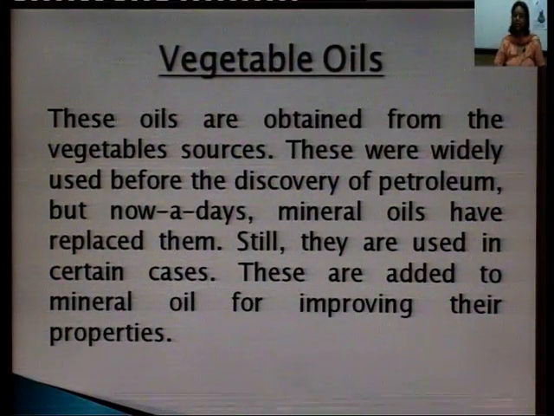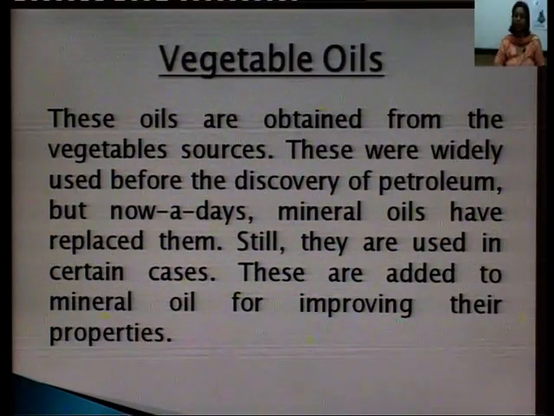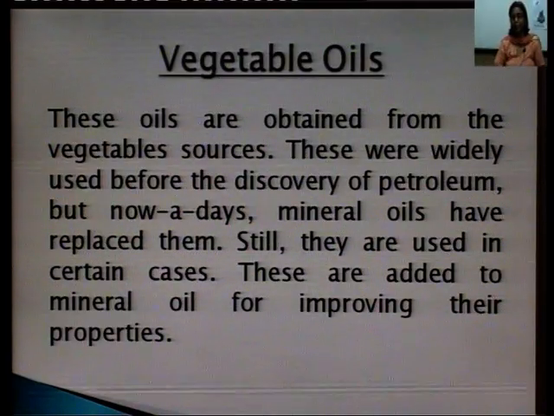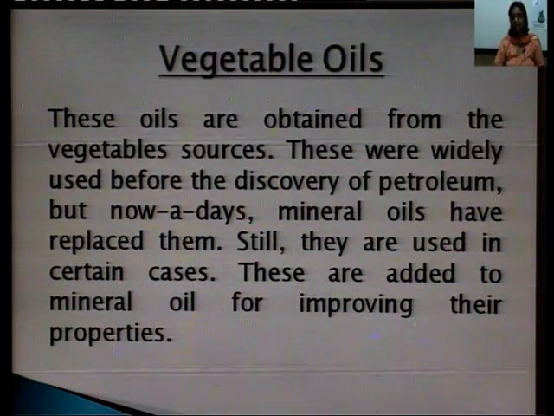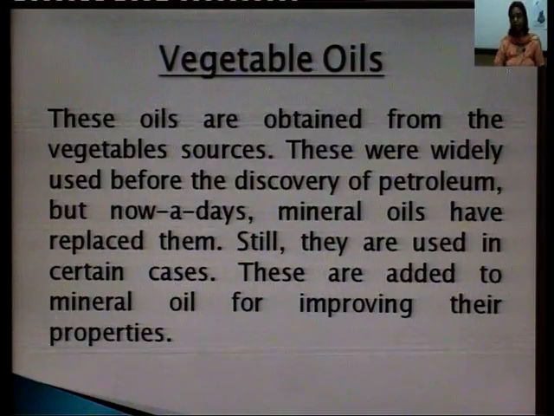Next type are the vegetable oils. These oils are obtained from vegetable sources. These were widely used before the discovery of petroleum, but nowadays mineral oils have replaced them. That is, we were using vegetable oils as the lubricating oils before the use of the mineral oils.